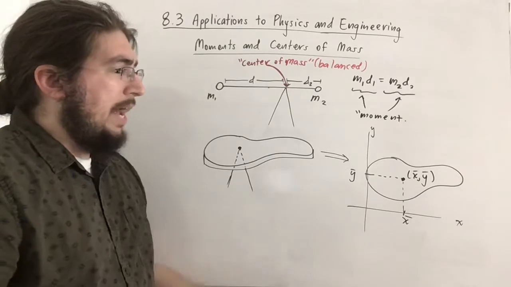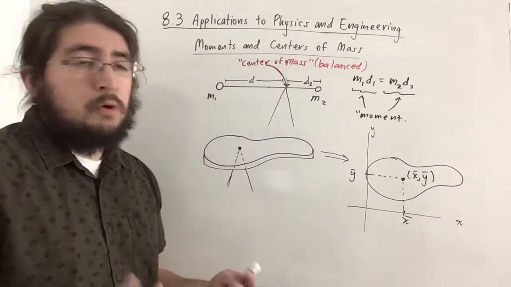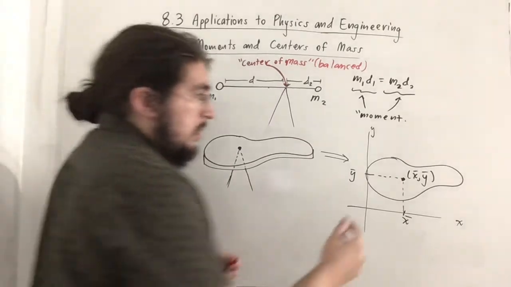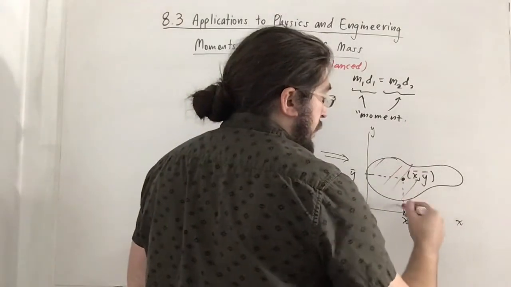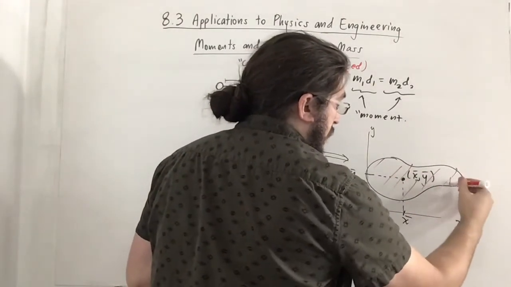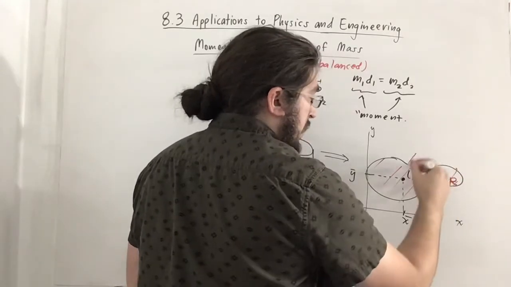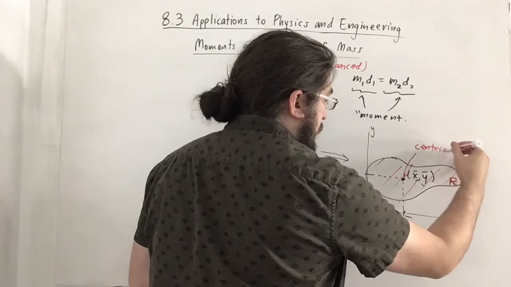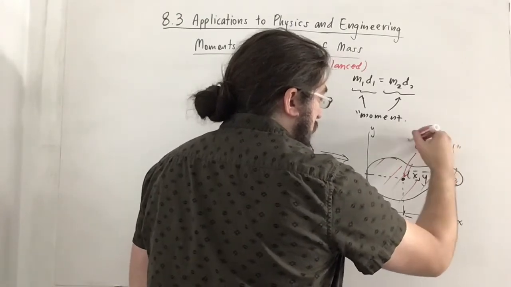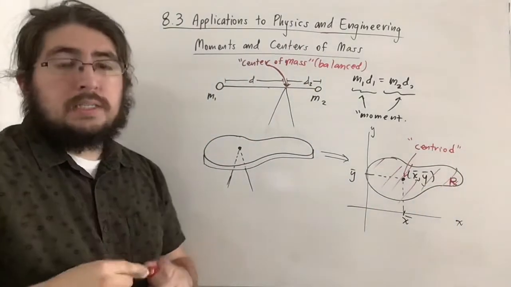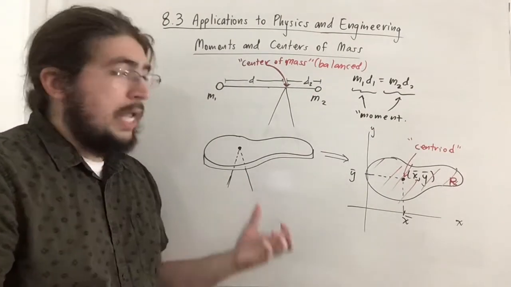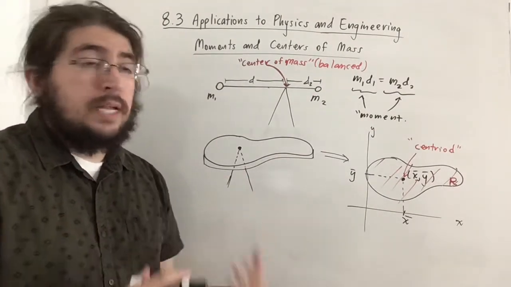But as far as pure mathematics goes, this is known as the centroid of a region. So if this is a region R, then this point right here is known as the centroid of that region. So as it turns out, centroid basically corresponds to center of mass. Now centroid may be in a different spot depending on what your shape is. For really nice shapes, you'll get really nice results.